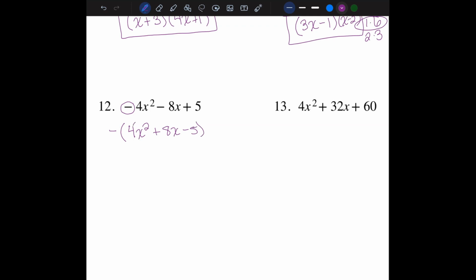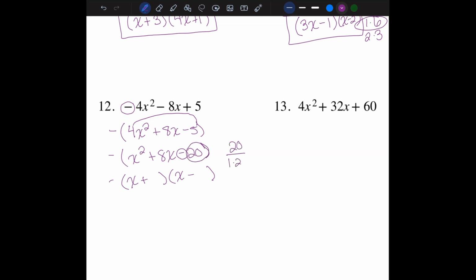All right, I still have that 4 in the front, so I'm going to take it times the 5 at the back. So I have x squared plus 8x minus 20. And then I'm going to factor this just like I have been. I have a minus at the back, so 1 positive, 1 negative, no matter what. I have x and x. And I'm looking for numbers that multiply to make 20.